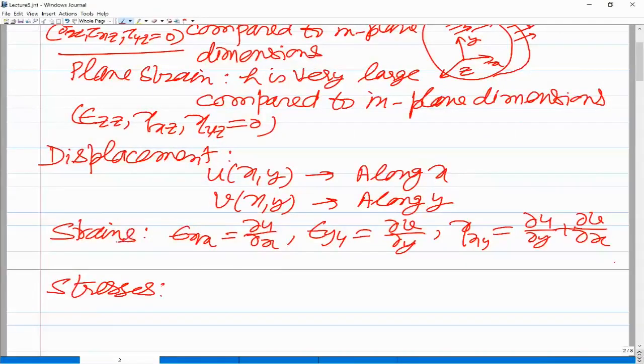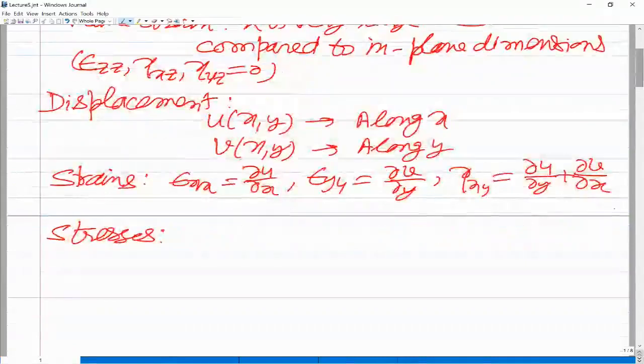When I talk of stresses, because we want to work in terms of displacement, from displacements we calculate strains, and then we express stresses in terms of strain. So we need the constitutive relation, the stress strain relationship.